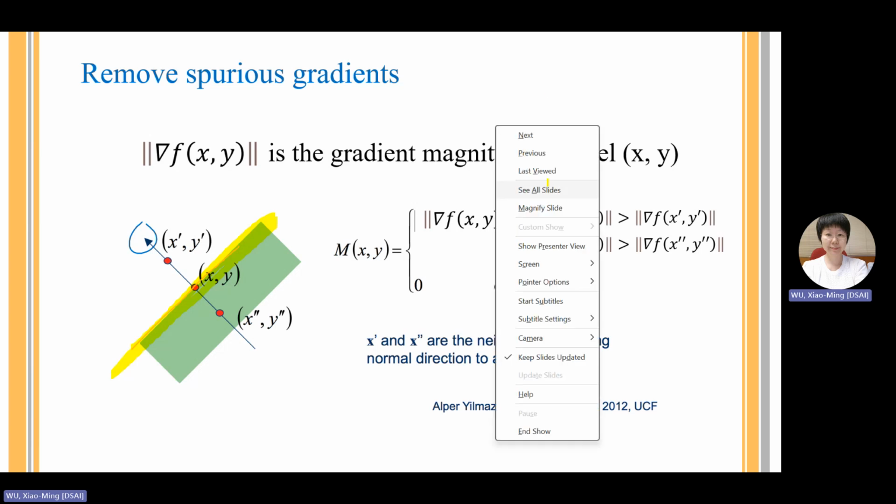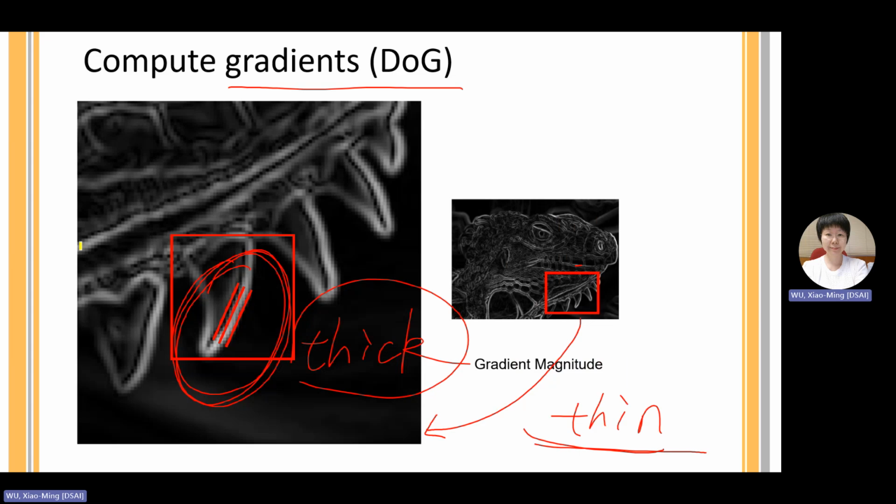Previously, in this case, this is the edge direction. The red one represents edges. And this is the gradient direction. So if we want to do non-maximum suppression, we go along the gradient direction.